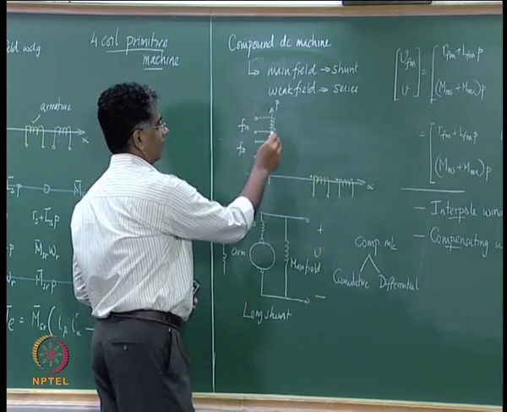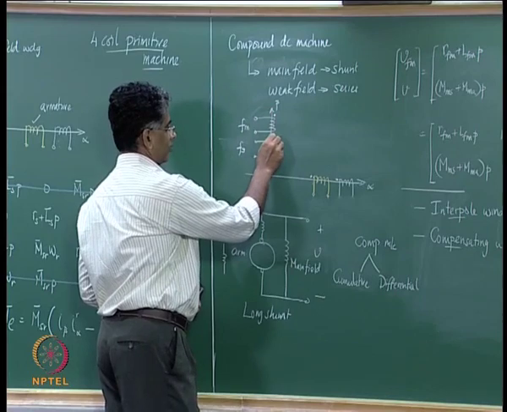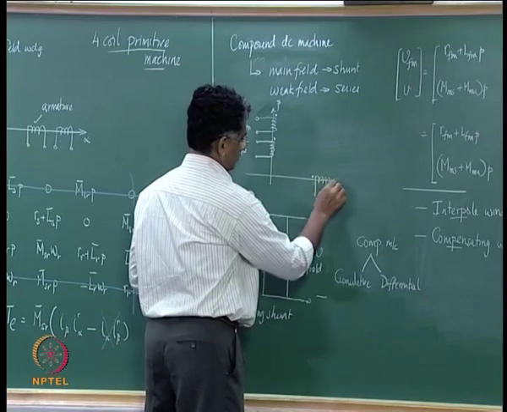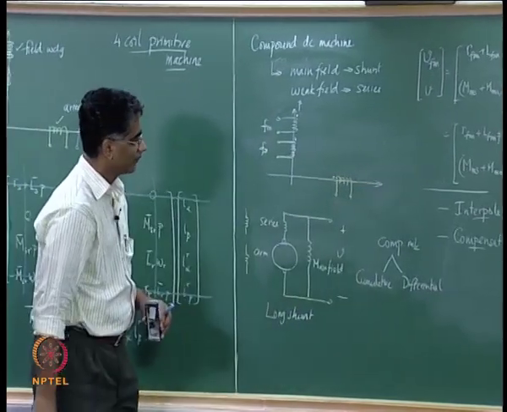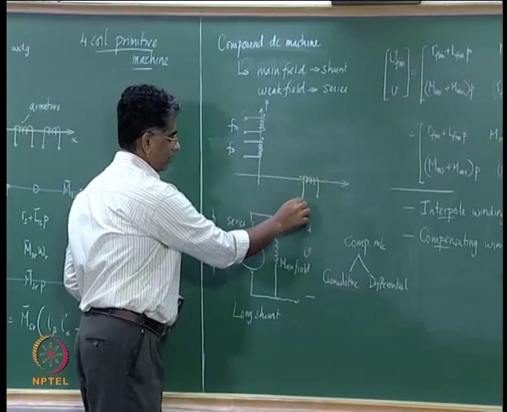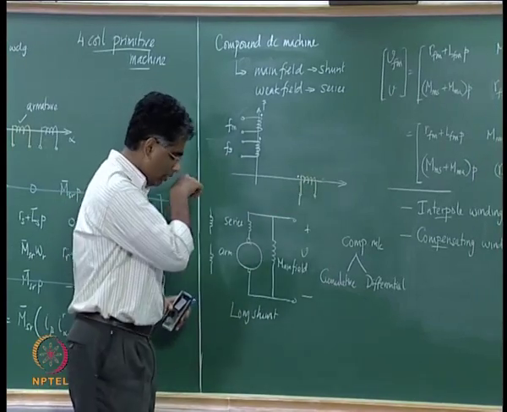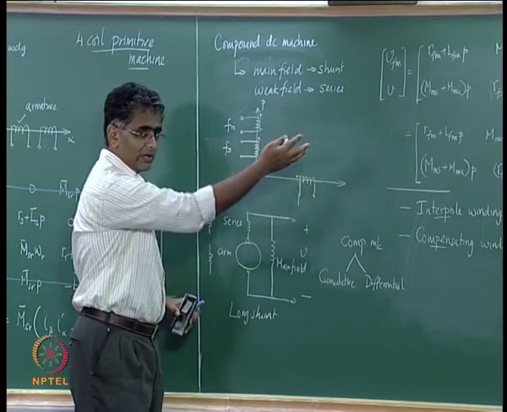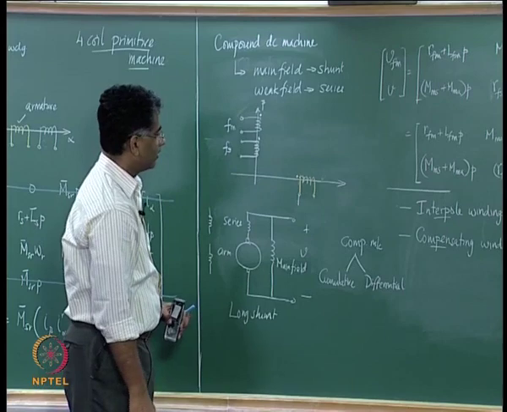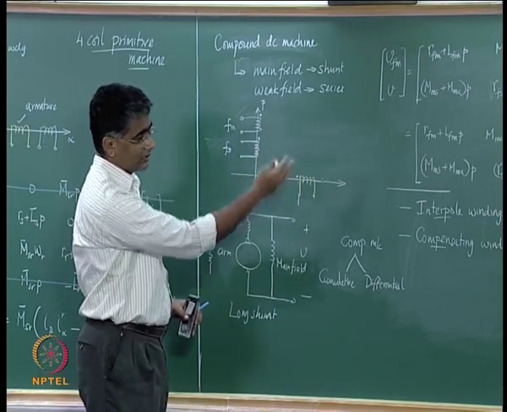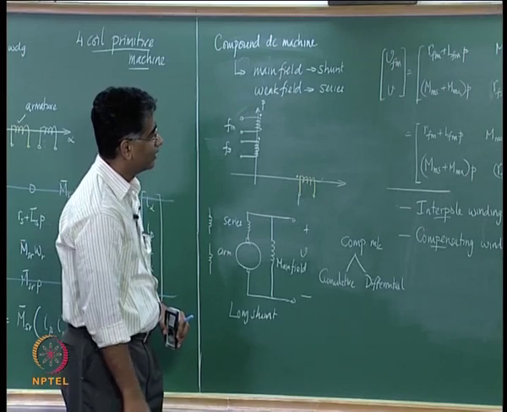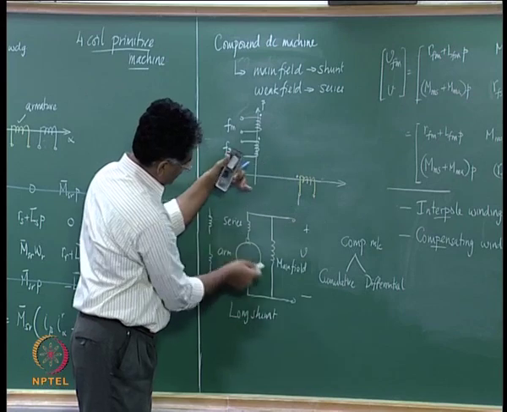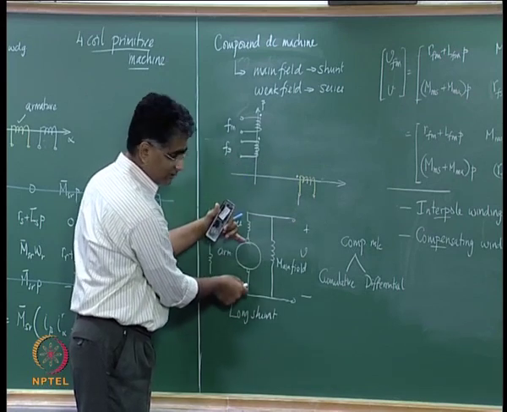So, in that case, you have the main field here and you have dot points here. This is what we had. So, we need to now do an interconnection of this winding with this winding. The way we had achieved it here is we have said implicitly in the equations that we have derived, we have said that the net voltage V is the sum of this voltage plus this voltage.